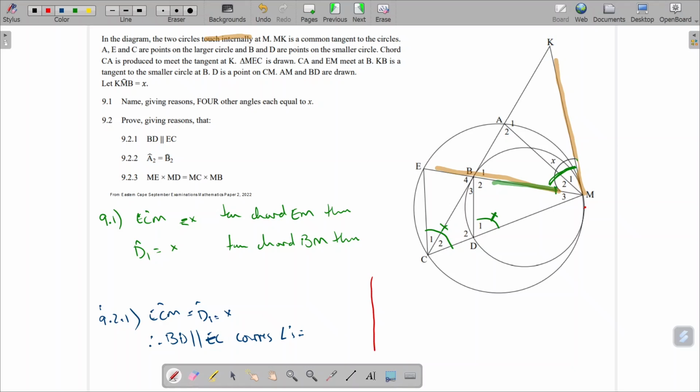As I said, at the moment I'm being quite honest, I'm trying to role model what to do if you can't do something in an exam. Well, if you've got B2, we know that B2 is going to equal angle E. So if you look at 9.2.2, B2 equals E, corresponding angles on parallel lines.